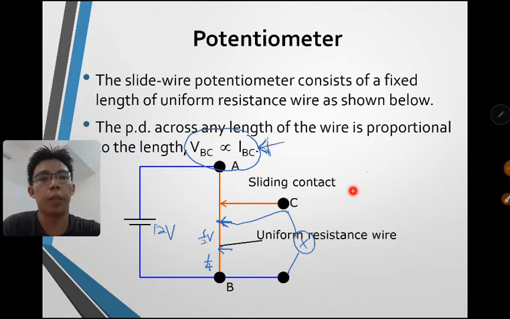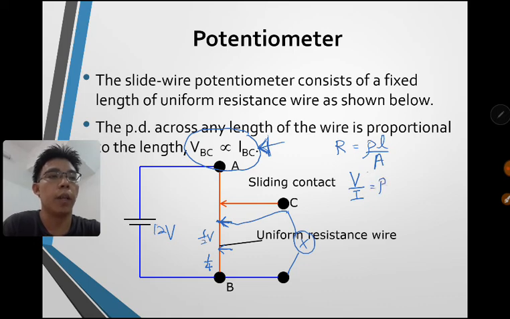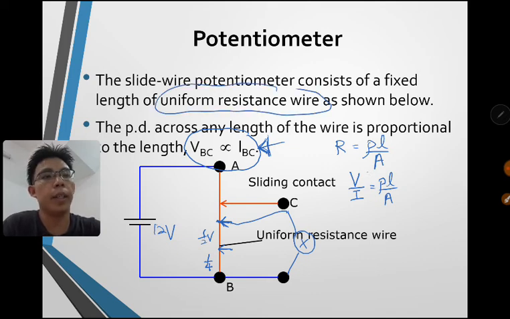But you also need to understand how this relationship is derived. It comes from the equation of resistance, rho L over A. Now we further expand the resistance into the PD across the resistance R1: V over I equals rho L over A. Remember, it's a uniform resistance wire, which means the A must be consistent.